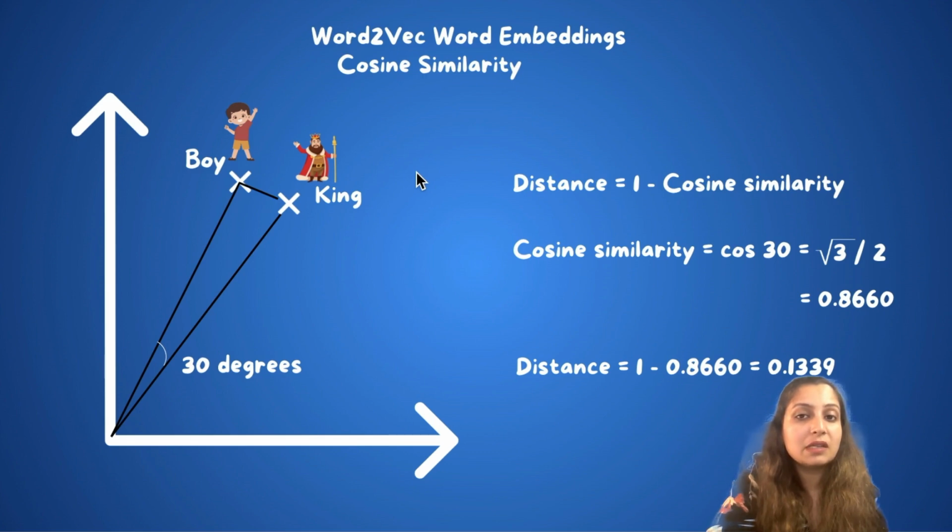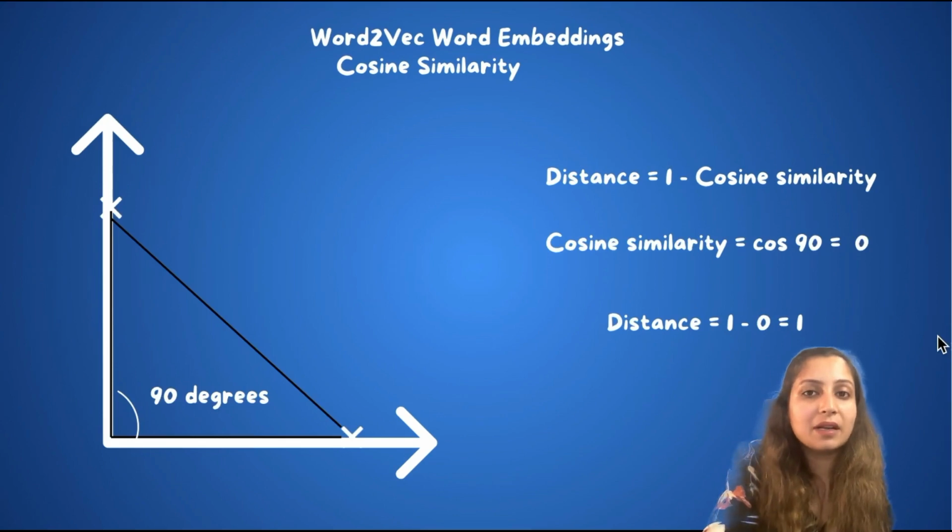So essentially the distance between these two words, like how far or how near they are in terms of meaning within the particular context, would be 1 minus cos of 30 degrees, which is 1 minus 0.866, which comes out to 0.1339. Now, when you essentially say, what is this 0.1339? That means that a boy and king, two words are quite similar, and the distance between them is very less, which is 0.13.